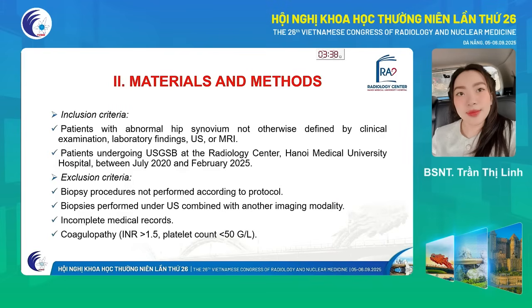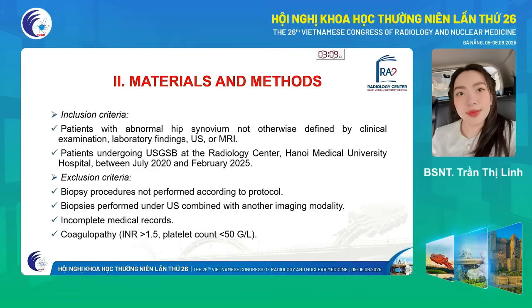About the material and methods, the inclusion criteria: patients with abnormal hip synovium not otherwise defined by clinical examination, laboratory finding, US or MRI, and patients undergoing USGSB at the Radiology Center, Hanoi Medical University Hospital between July 2020 and February 2025.